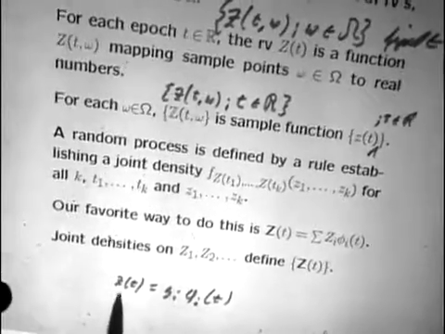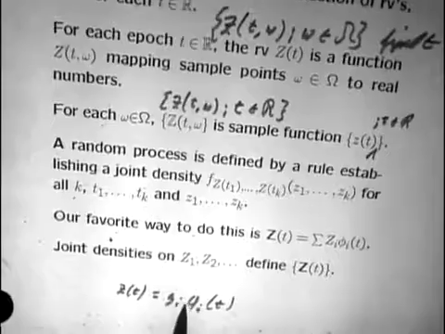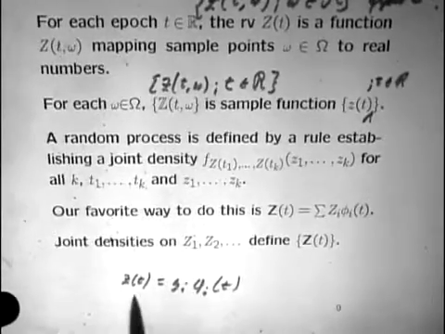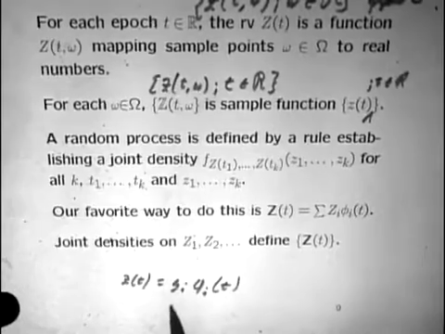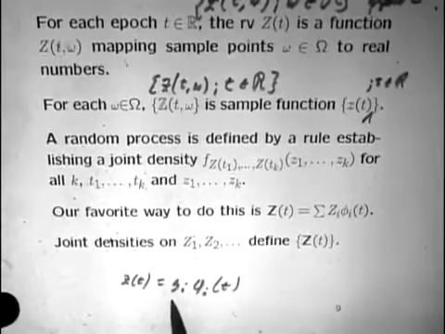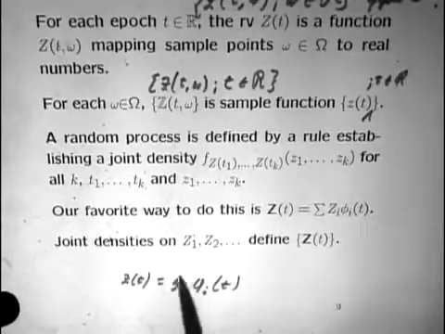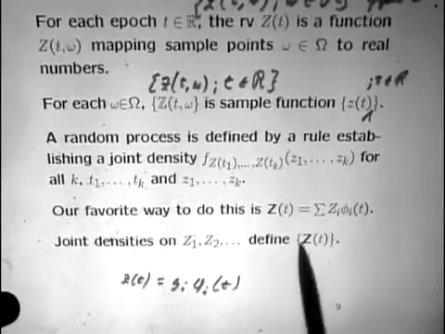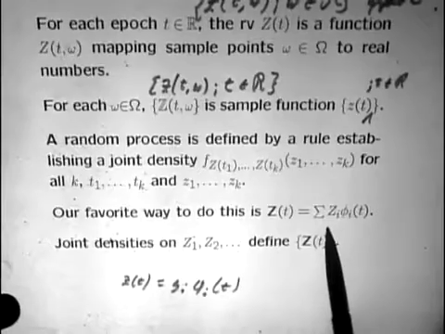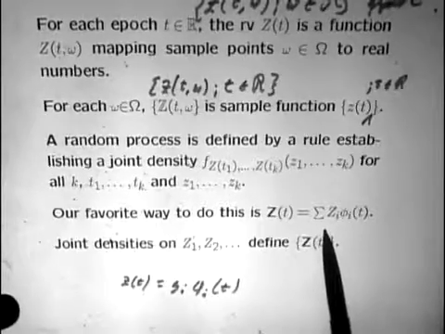And for each sample function in time, as I vary over capital omega, I'm going to be varying over the values of z sub i. These are just fixed functions, and what that's going to give me is a set of random variables here.